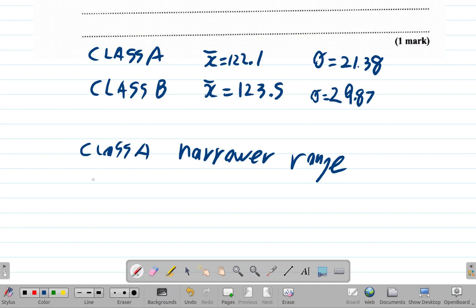While class B has a wider range of values, right? Has a wider range of values.